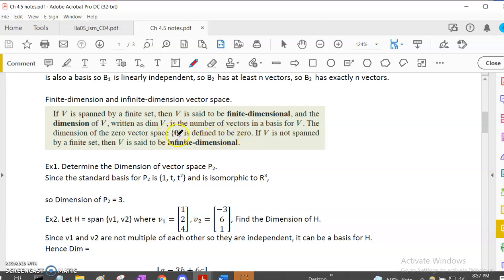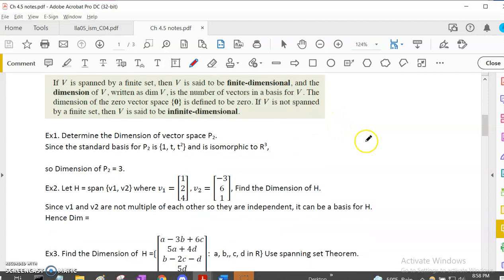The dimension is 0, so not 1. This is a special case. It has one vector in the space, and that vector is the whole vector space, so it's dimension 0. For all the others, if you have a basis of one vector, it would be dimension 1. If it cannot be generated or spanned by a finite set, then V is infinite dimensional.